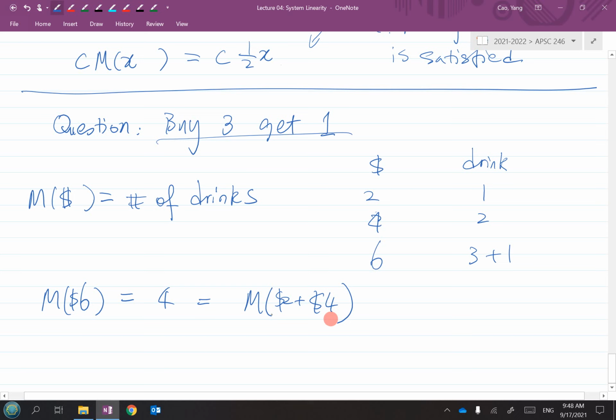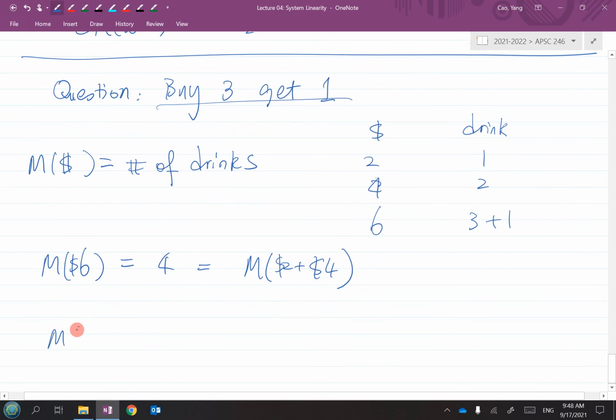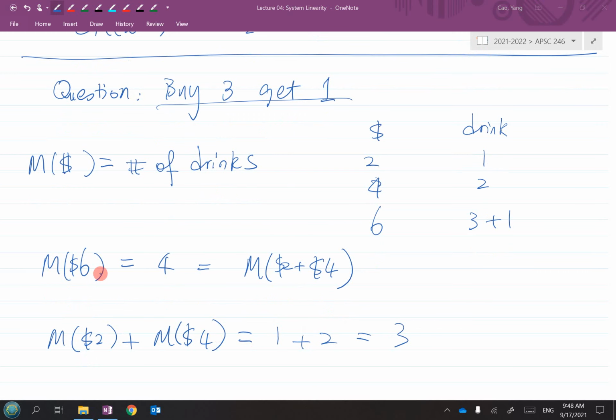So then, what is the $2 plus the $4? How many drinks do you produce when you buy separately? When you spend $2, you get 1. When you spend $4, you get 2. So you get 3 drinks. So now you can clearly see m of 6 is not the same as m of 2 plus m of 4.